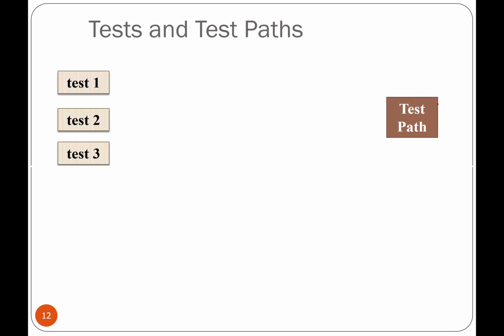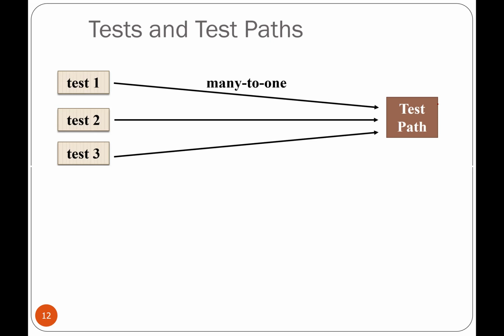So we're saying every test case executes a path. Sometimes more than one test case ends up executing the same path. This is very, very common. So something like, assign grade A if a student gets 95 to 100.